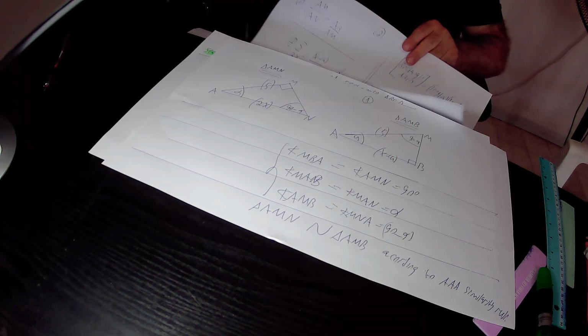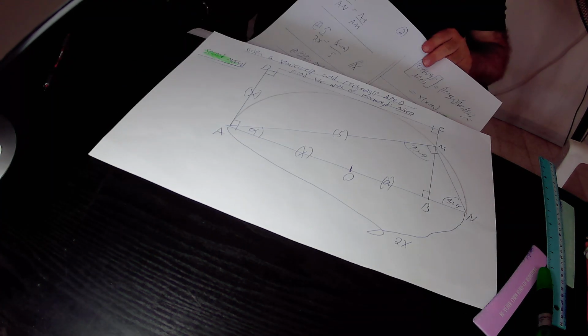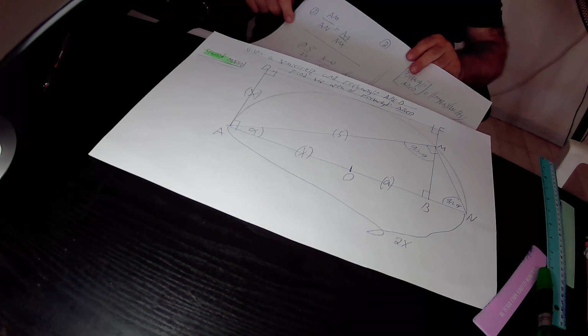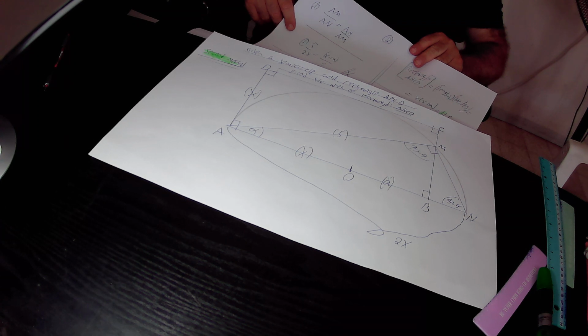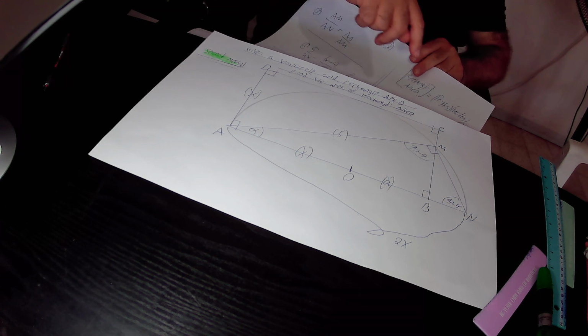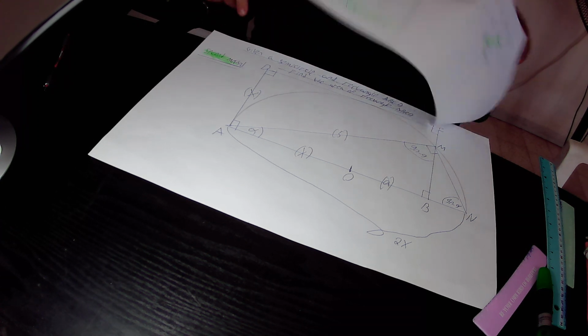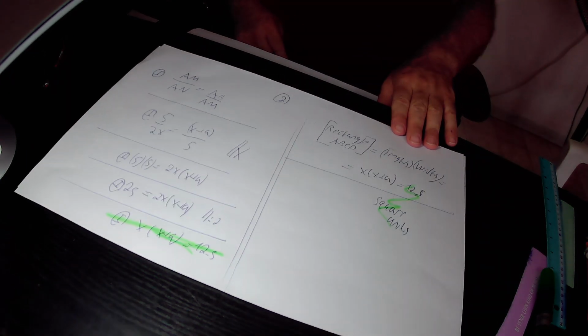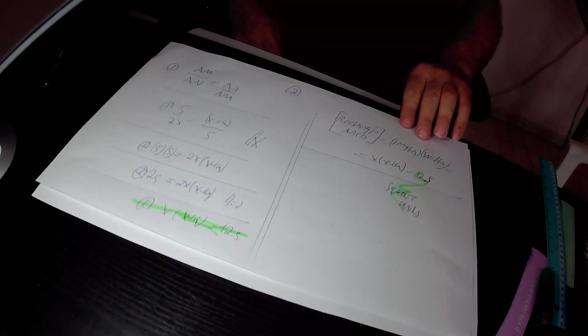Our mission is to find the area of this rectangle ABCD. The area of the rectangle equals the length times the width.